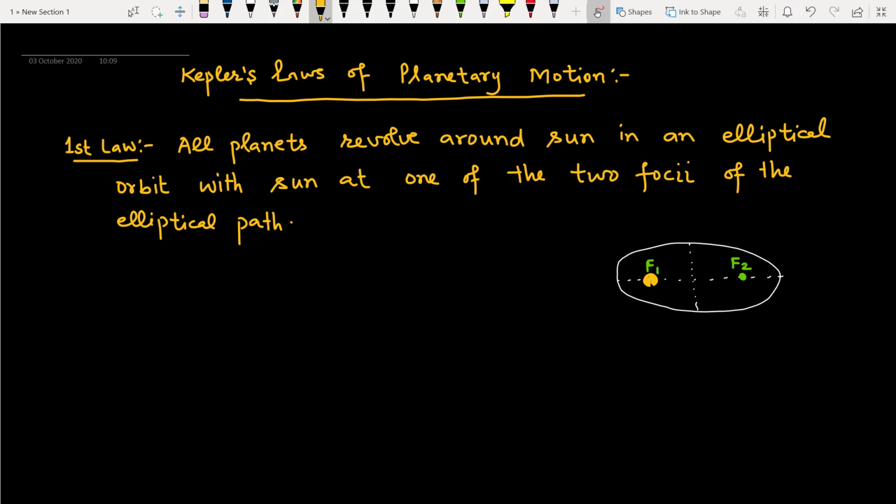Suppose Sun is present here, and our planet, say Earth, is revolving around Sun in an elliptical orbit. This is the major axis, we take it equal to 2a. This is the minor axis, we take it equal to 2b. a is greater than b, so this is an elliptical path.